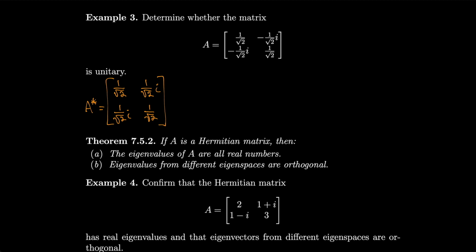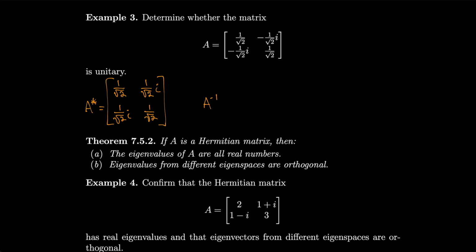Now let's get A inverse. So what we should do is get the determinant. Multiply these, we get a half. Multiply these, we get minus a half. Half minus minus a half is 1. So we just have to divide by 1, and that determinant's not going to change anything when we divide by it outside.